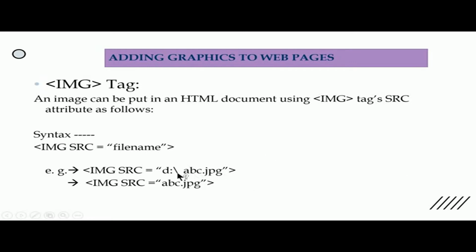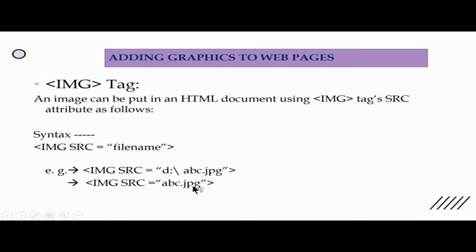Down we have the example: image src equals to, in double quotes, the path D drive, file name abc dot extension is jpg. This indicates that the HTML file and image are in different locations. One more example is available: image tag src attribute equals to file name and extension.